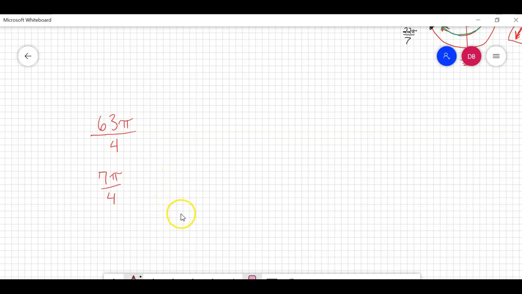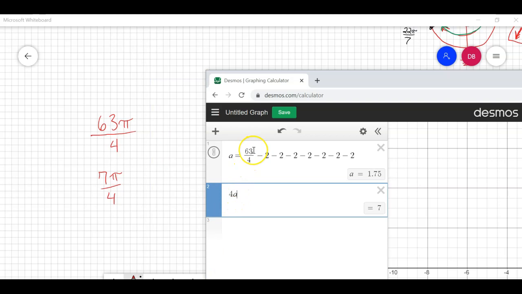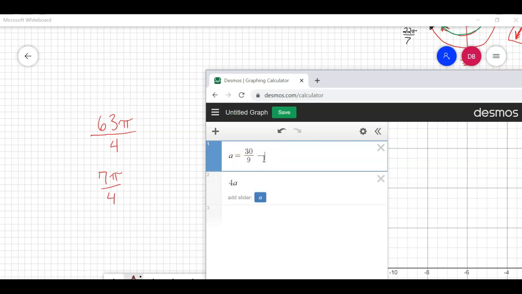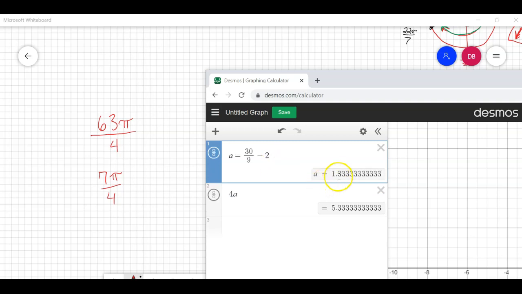Another thing to look out for is if your original denominator, let's say that this was 9, and let's say that this is 15. No, let's not do, I'm sorry, let's do 30. Alright, so 30 pi over 9 was my original one. Alright, if I subtract 2, that's enough. I multiply by 9, I want you to see what I get here. I get 12.